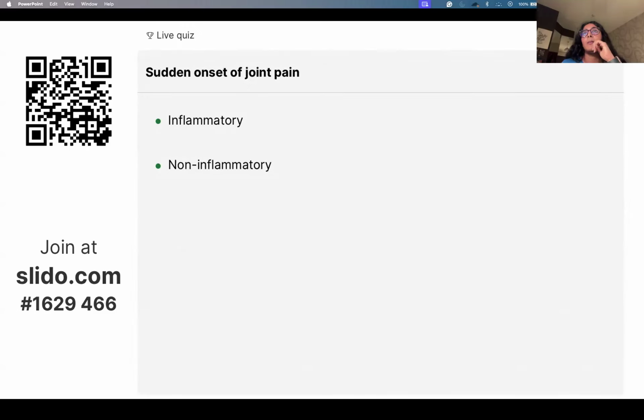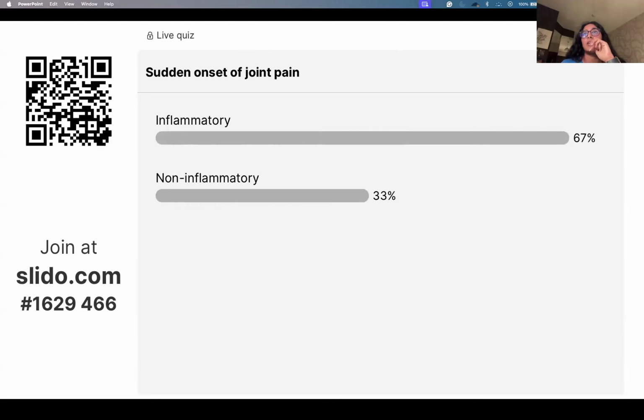Sudden onset of joint pain. This one is a bit of a trick question, I will say. Yeah, I'd lean towards inflammatory, but it can be non-inflammatory if we're including stuff like trauma. So it could be either.